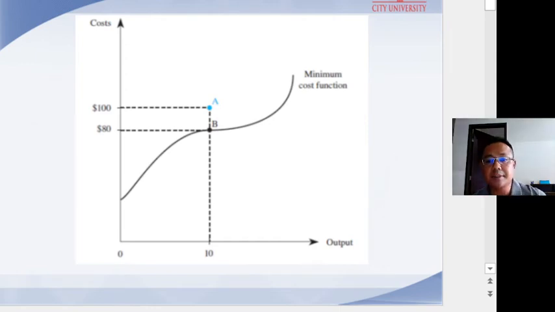To minimize cost, a firm must not only use all inputs efficiently, the MRTS KL equal to W divided by R rule discussed in chapter 5, it must also use the least cost method of obtaining the inputs.